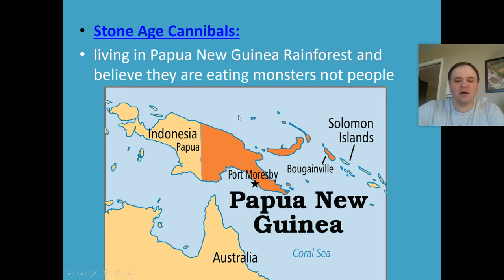In Melanesia, which is a region of Oceania, for a long time it was known for having cannibals. Now, we will see a little link on this later, but some of the last known cannibals or headhunters live deep in the rainforests of Papua New Guinea here, or on the Indonesia side of Papua as well.